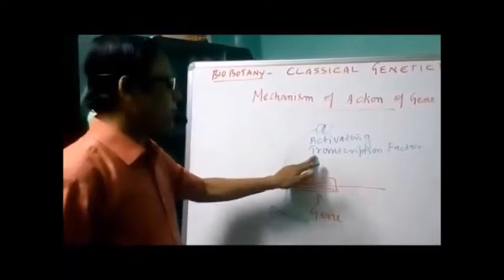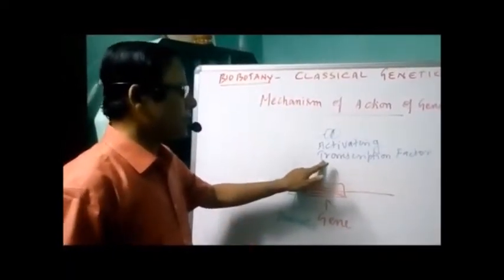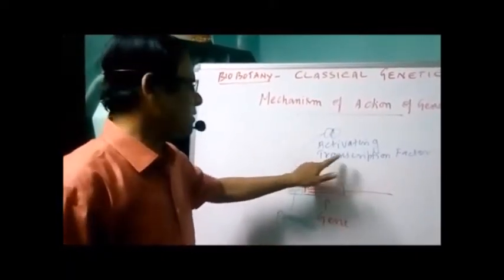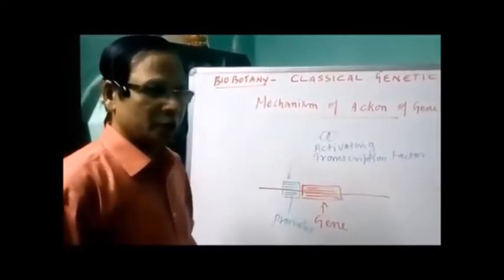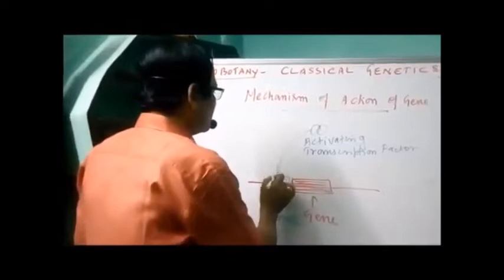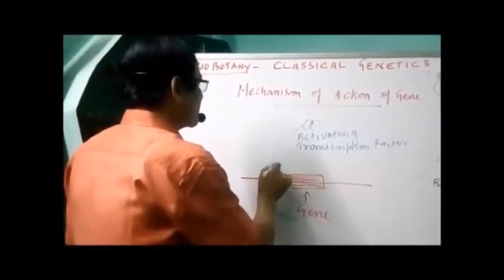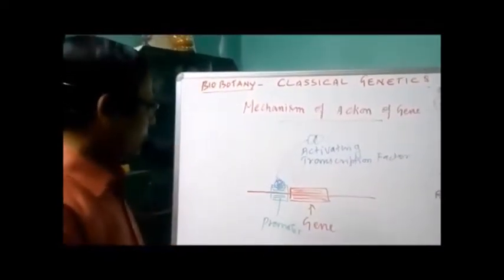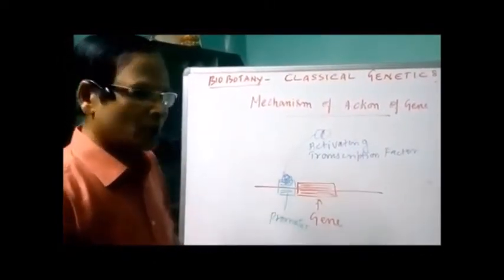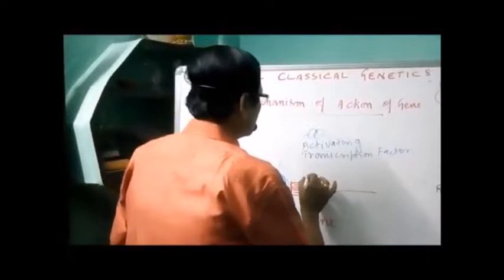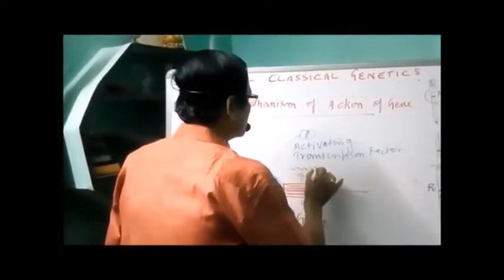In the presence of the activating transcription factor, what will happen? The gene undergoes transcription. The activating transcription factor binds to the promoter, and the promoter stimulates the gene to undergo expression. As a result, what we are getting is the messenger RNA.